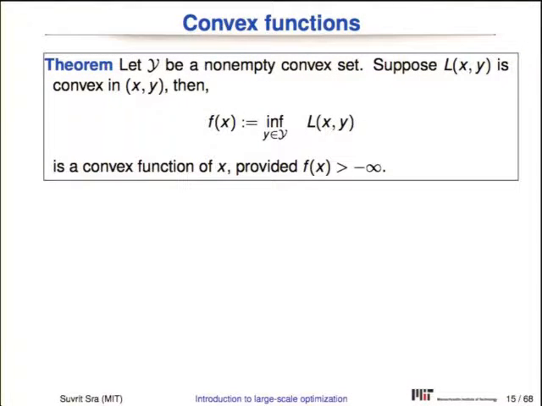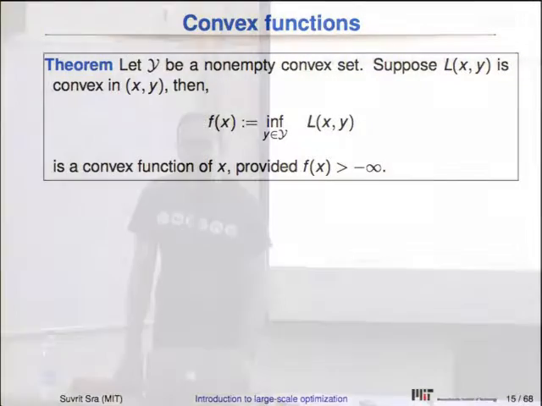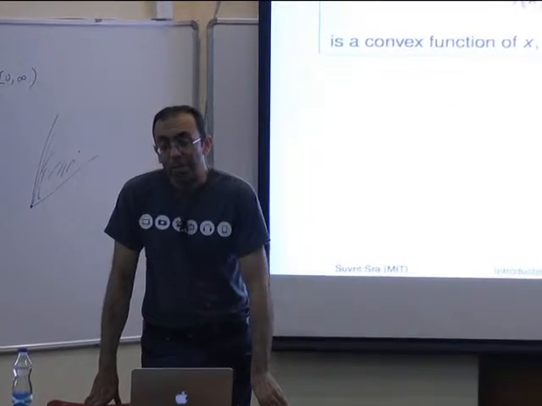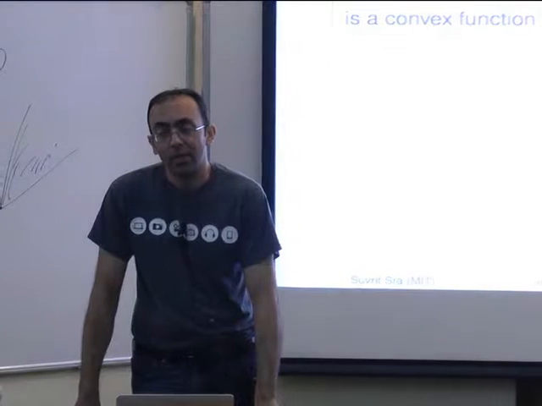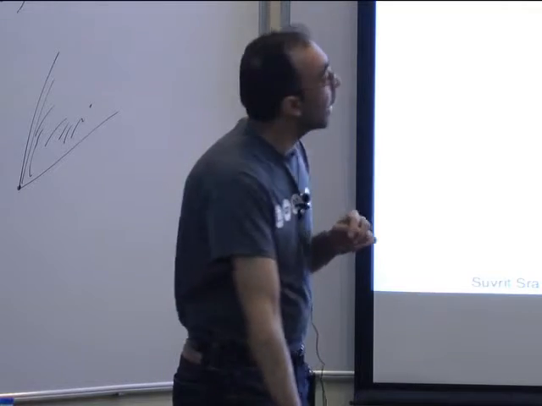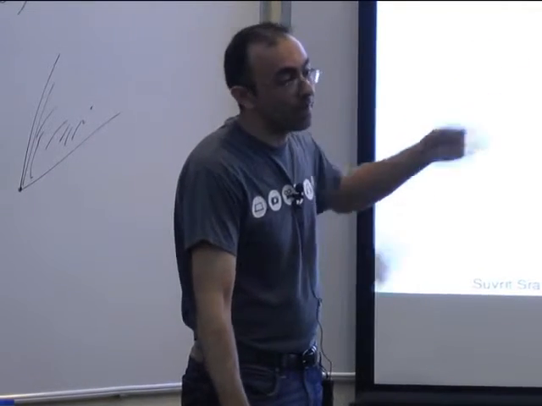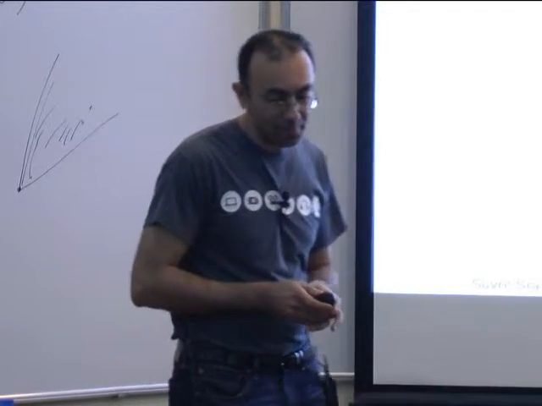A more non-trivial result is that if you minimize a function of two variables, even under minimization, this is a very nice property. So minimization is like eliminating some variables. So if you have a function of two variables and it is convex in both variables, and you eliminate some by minimizing them out, then what remains is still convex.